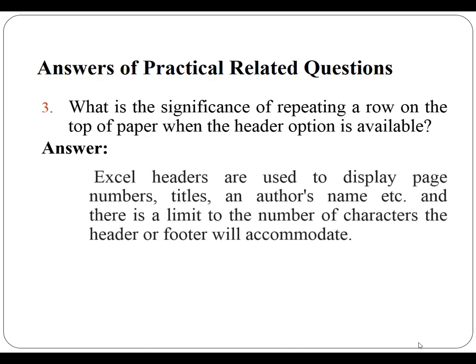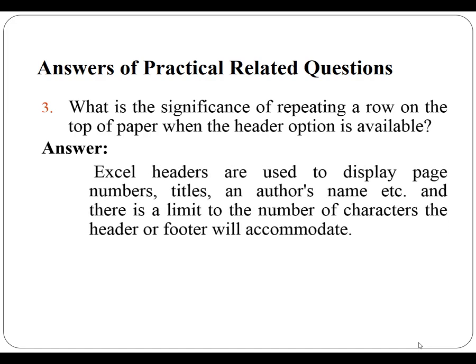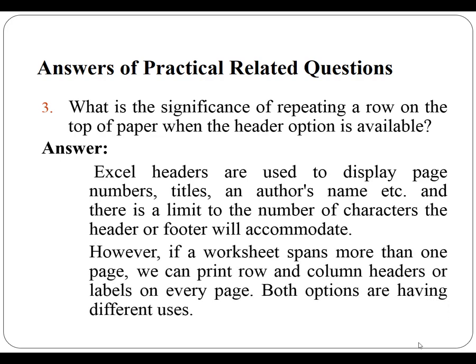So the answer is, Excel headers are used to display page numbers, titles, author names, etc. And there is a limit to the number of characters the header or footer will accommodate. However, if a worksheet spans more than one page, we can print row and column headers or labels on every page. Both options have different uses.